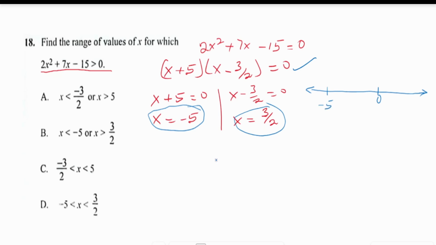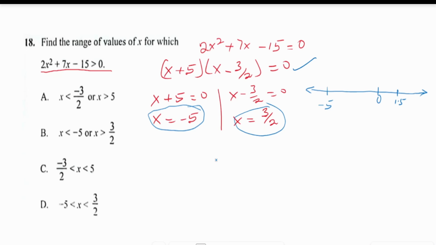This is not drawn to scale though. And then I'll have 1.5 or 3 over 2, anyhow you want to write it there, but just make sure 3 over 2 is positive, so it should be to the right of the 0, and negative 5 should be to the left of 0 because it's negative.